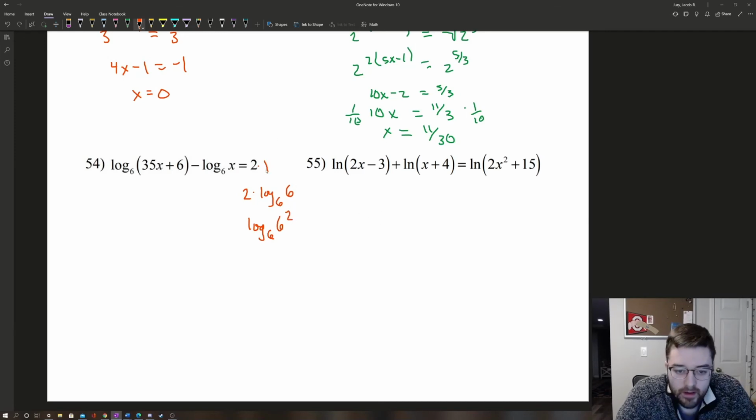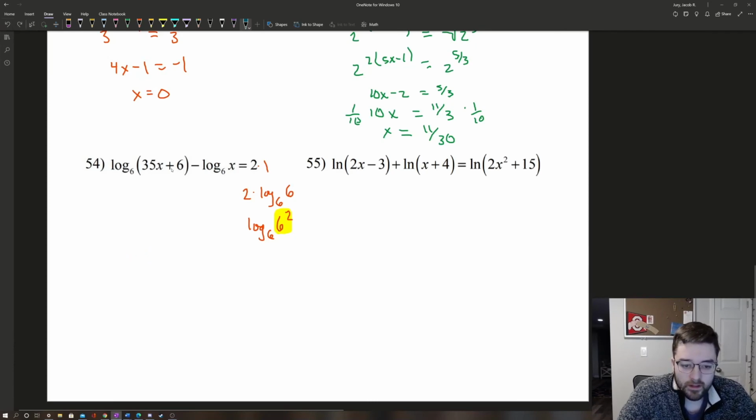So now that I've just used my condensing rules of those operations on logarithms, I can set the arguments. So here's my new argument, 6 squared equal to x and 3x plus 6. So I've got 35x plus 6. So 35x plus 6. Oh my gosh, I jumped the gun.